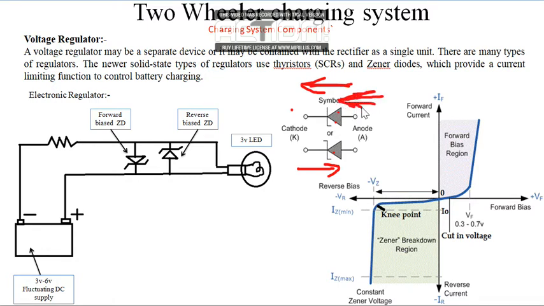That is the normal case, but a Zener diode also allows current flow in reverse bias. The thing is that the voltage applied across the two terminals of the Zener diode should be equal to or greater than the Zener voltage. It is defined: some Zener diodes have 14 volt Zener voltage, some 14.5, some 3, some 6. As per the requirement we can select.